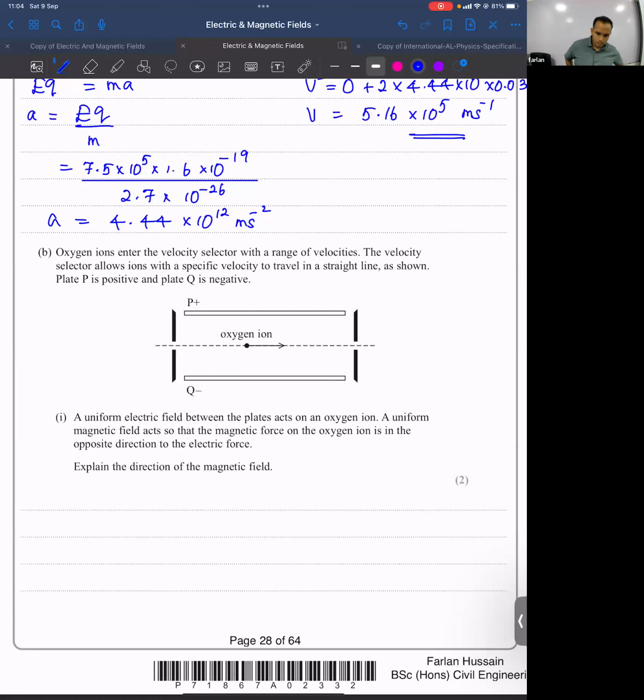So it should be in the upward direction, right? Is it? Yeah. Let's see.